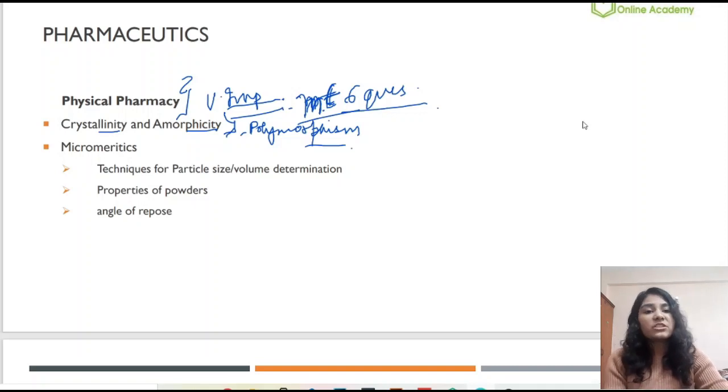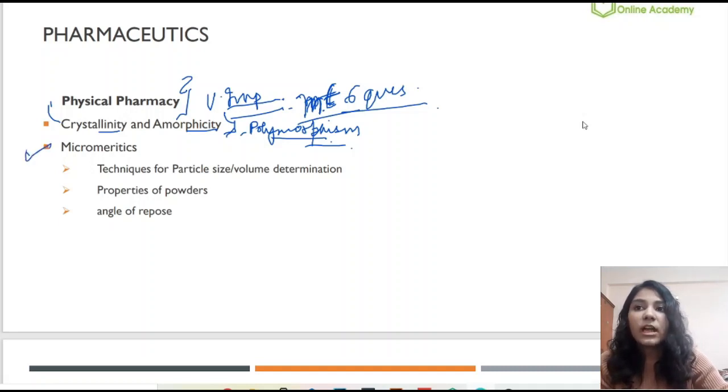They can ask you which of the following is more stable, crystalline or amorphous. They can ask you about physical properties, like which of the following would have the highest melting point, or in this way they can ask you questions.